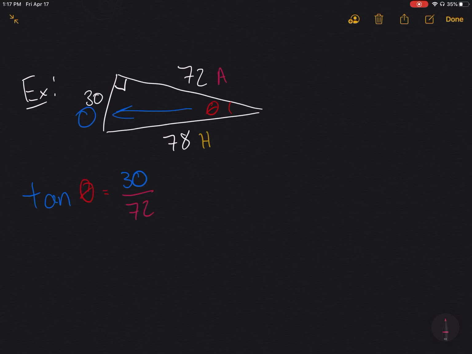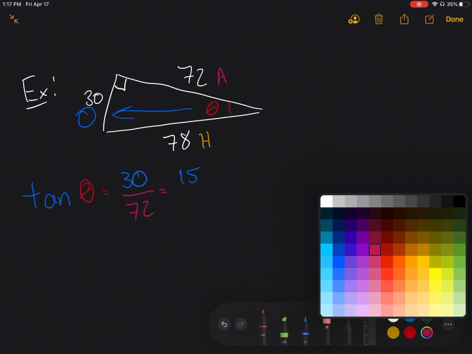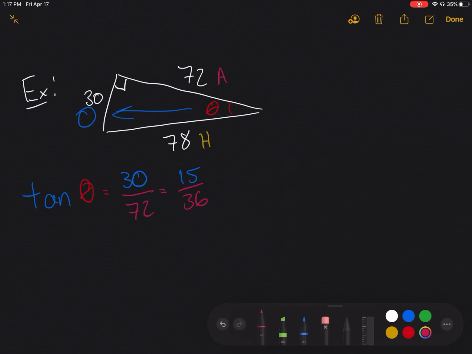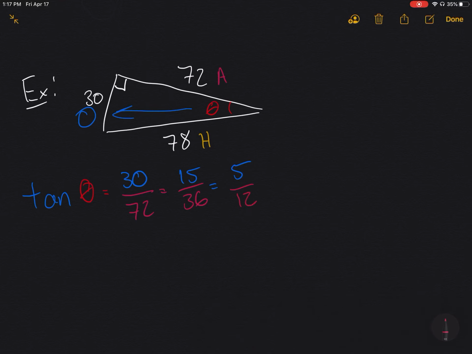The only question is, how can I simplify that? Well, maybe you see that they're both divisible by 2, so let's try that. Divisible by 2 and divisible by 2, which gives us 15 over 36. And I'm looking at it and I see that they're both divisible by 3, so we can simplify again. I divide by 3. I divide by 3. And I don't think I can simplify that anymore. So 5/12 would be my tangent with respect to theta.